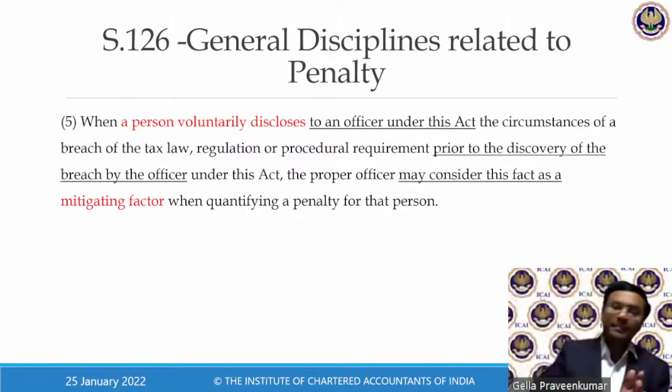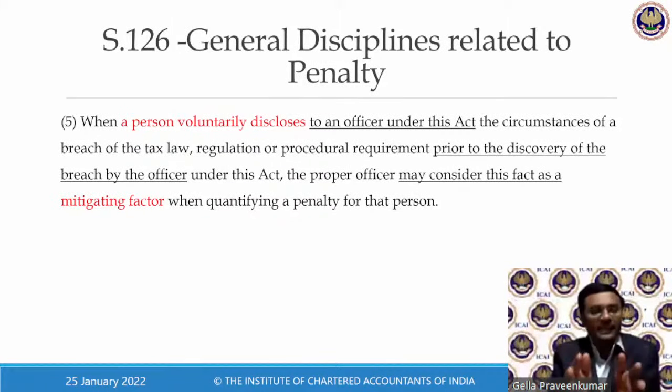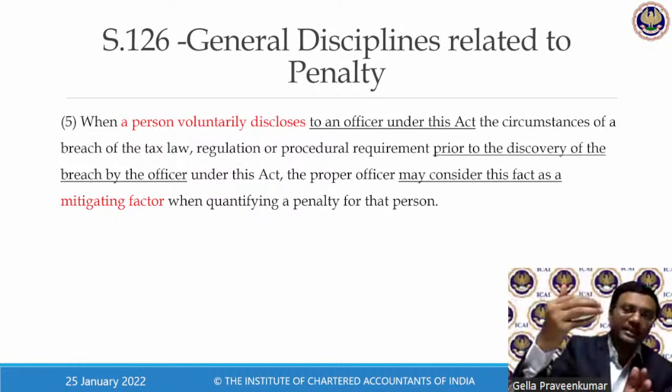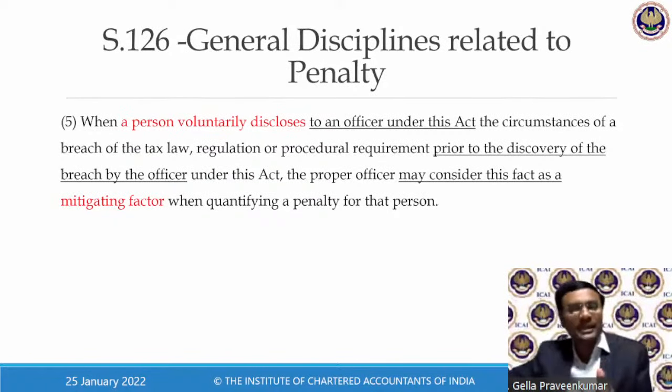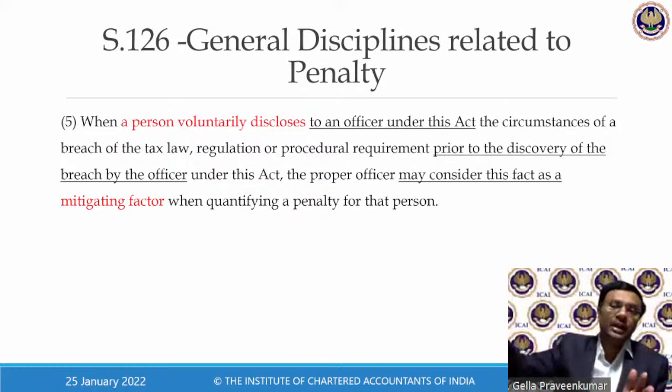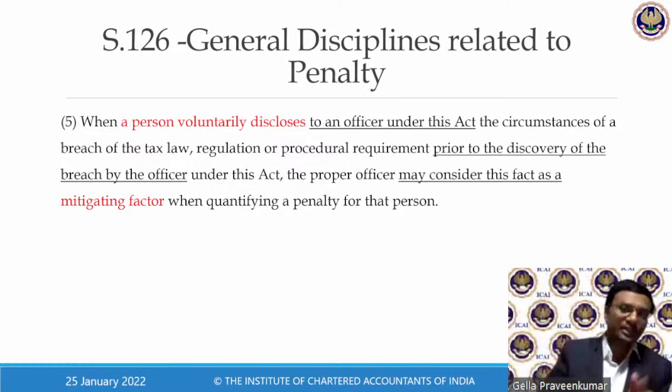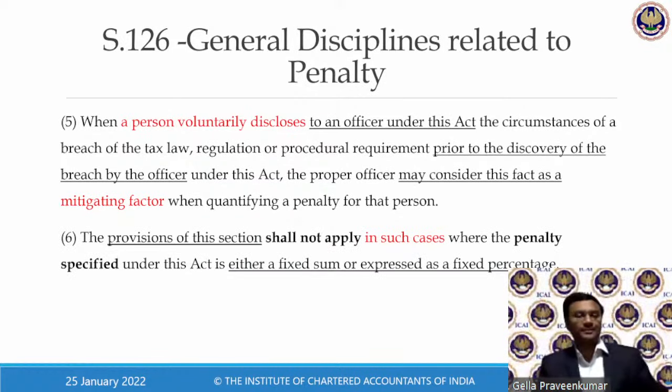The officer wants to levy a penalty of 10,000. I voluntarily paid 15%. When there is a mitigating factor, now there was no fraud, though it was done erroneously, I myself voluntarily paid 15%. Then the officer may mitigate; let him not invoke provisions of 122 subsection 2 to levy a penalty of 10,000.